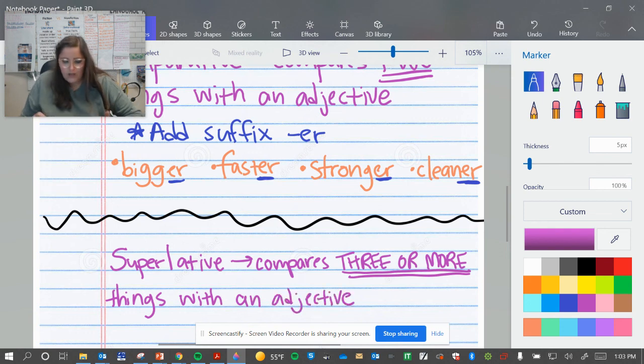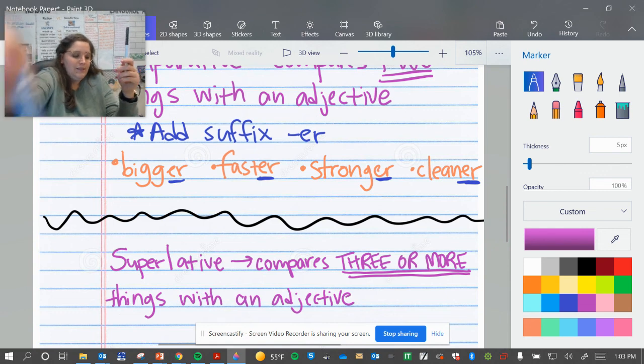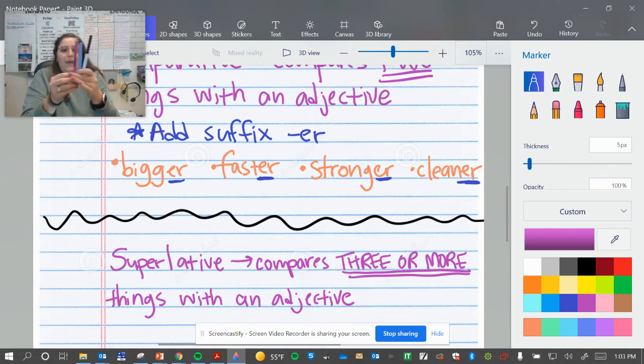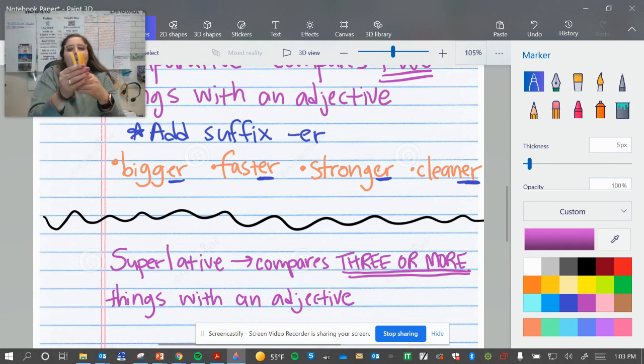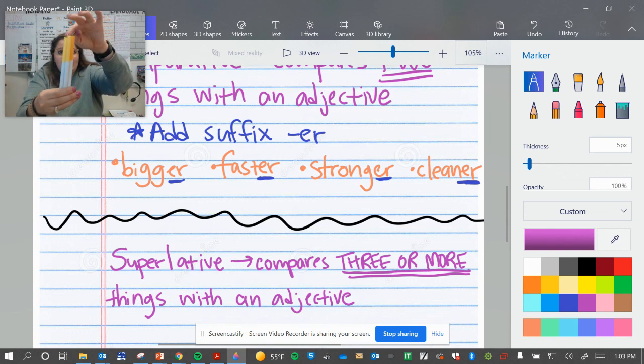Out of these 3 pens, the black one is the tallest. The purple one is the shortest. If I were talking about these 3 yellows, I know it's kind of hard for you to see, but I would say this one is the least yellow, this one is the most yellow, or the darkest and the lightest.